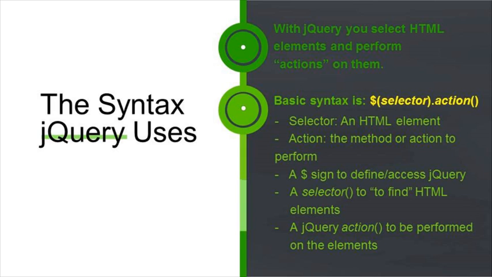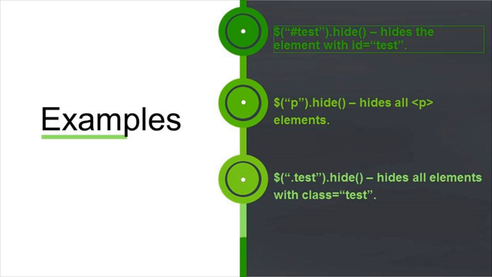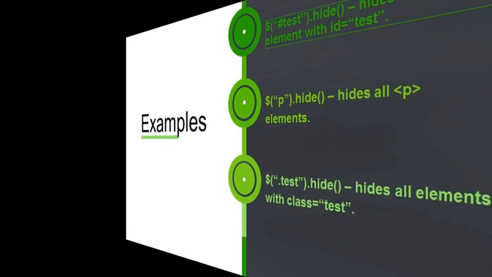So let's look at some examples. So you can either follow along with me by going into your example folder and go into the file. It's called syntax_example.html. You guys can pull up the source code and follow with me, or you can just follow along with me and I'll explain this as well.